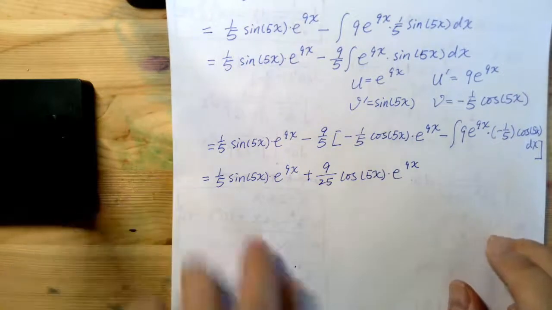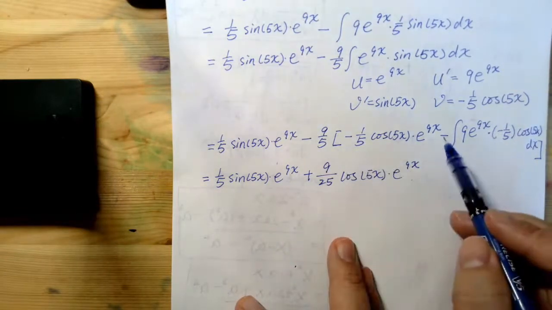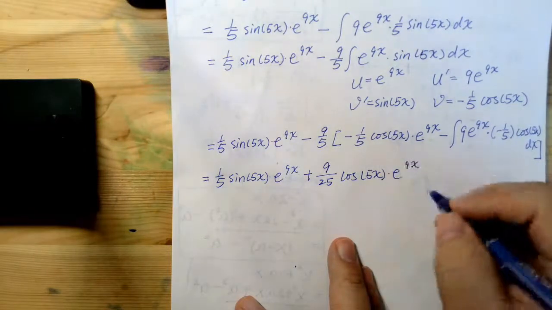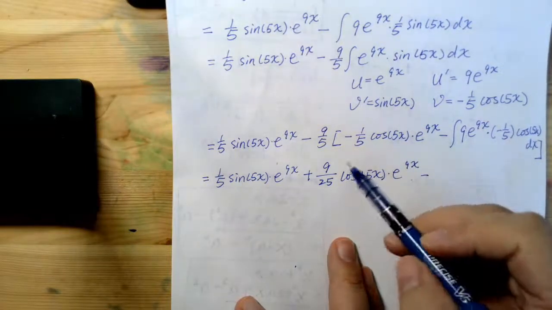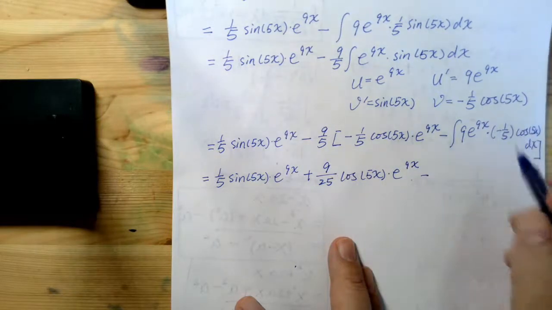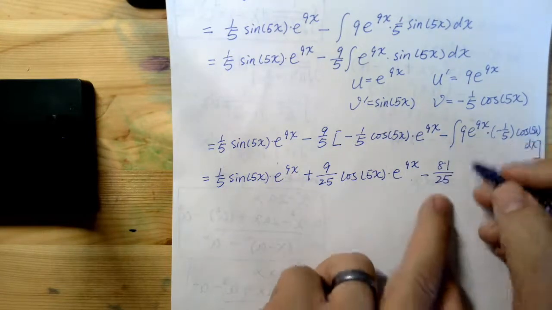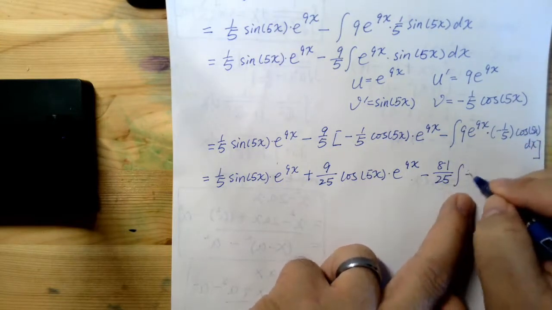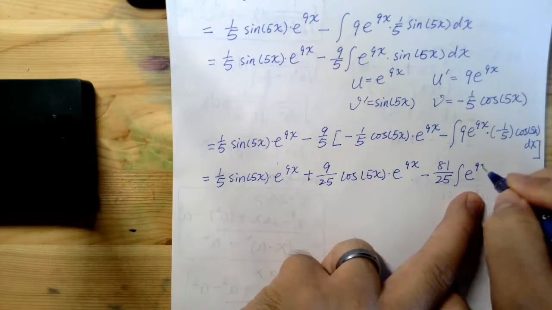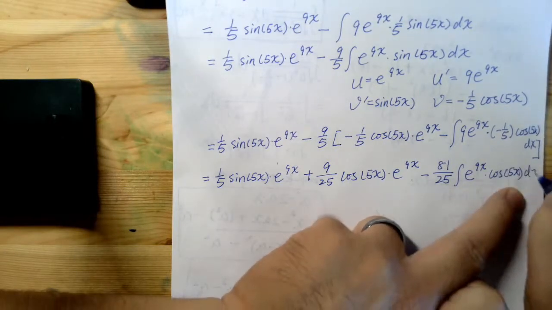And therefore here you have a minus, here you have another minus, so it turns out this is going to be minus, and this is 9/5 times another 9/5, so it gives you 81/25 times the integral of e to the power of 9x times cosine of 5x dx.